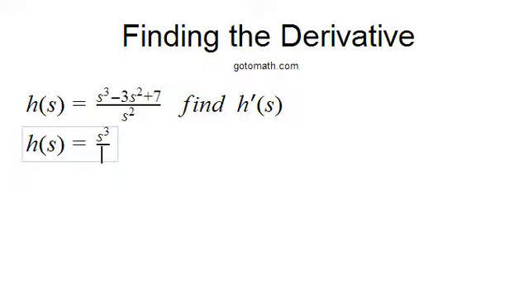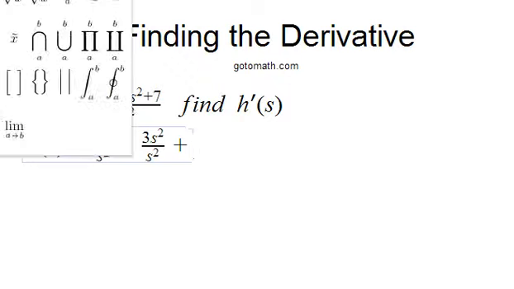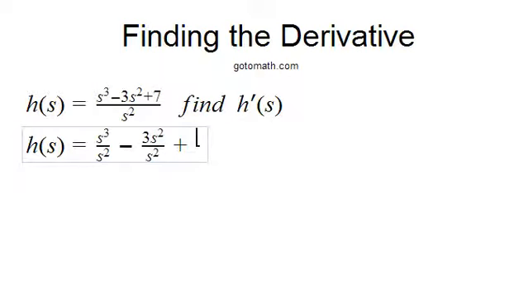We've got s cubed over s squared, and then minus, and we're going to leave the 3 up here in the numerator, 3 s squared over s squared, and then plus 7 over s squared. Okay, so we just broke this up into three separate fractions.